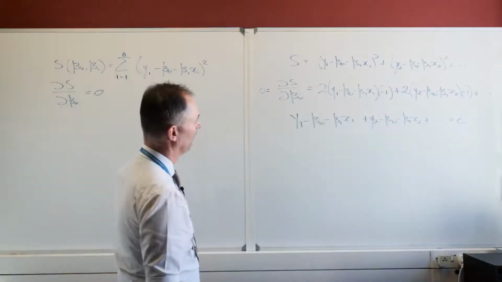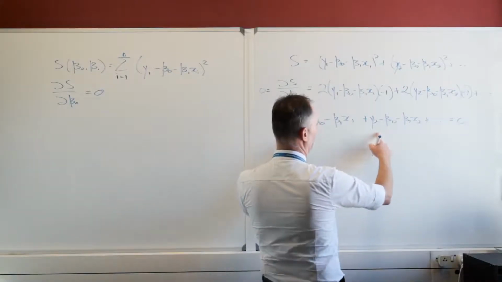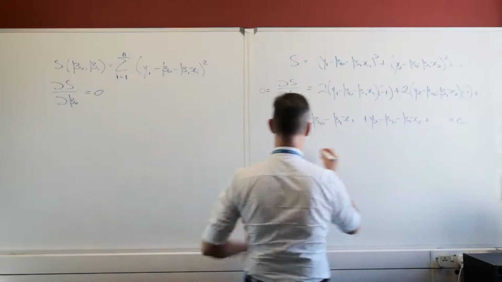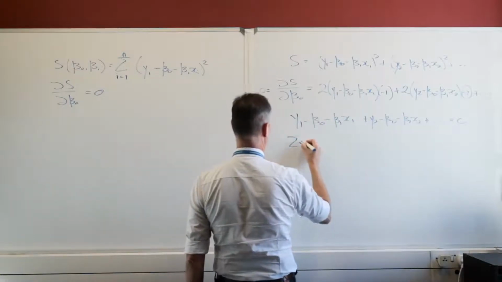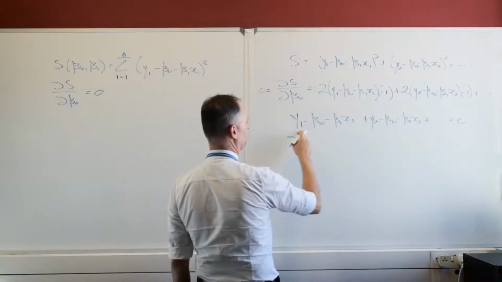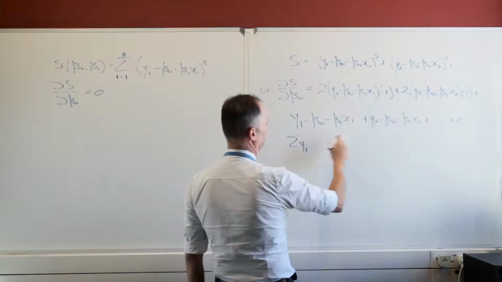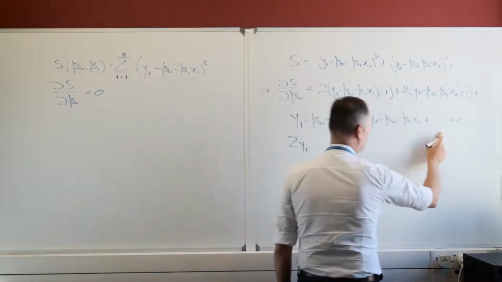And all I do now is I see I have y sub 1 plus y sub 2, plus y sub 3, plus y sub 4, well, that's just the sum of all the y sub i's. If I wrote that out, it's going to be y sub 1, plus y sub 2, plus y sub 3, and I see I have negative b sub 0, negative b sub 0, negative b sub 0.